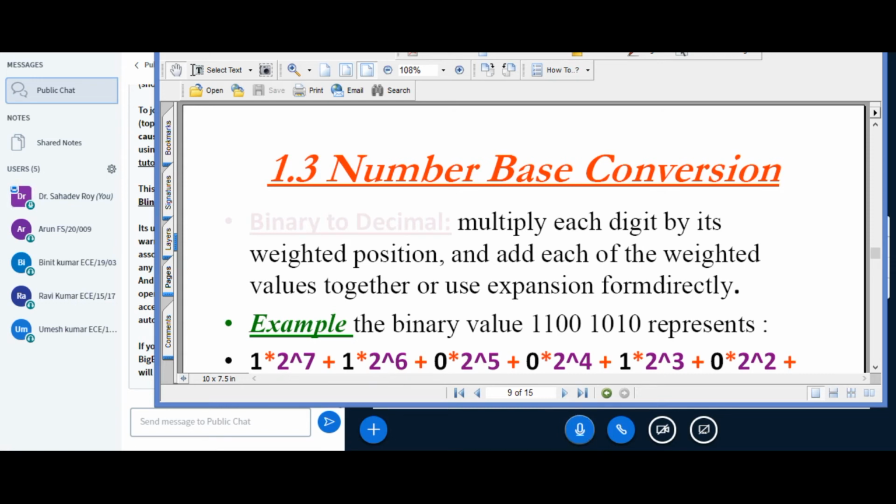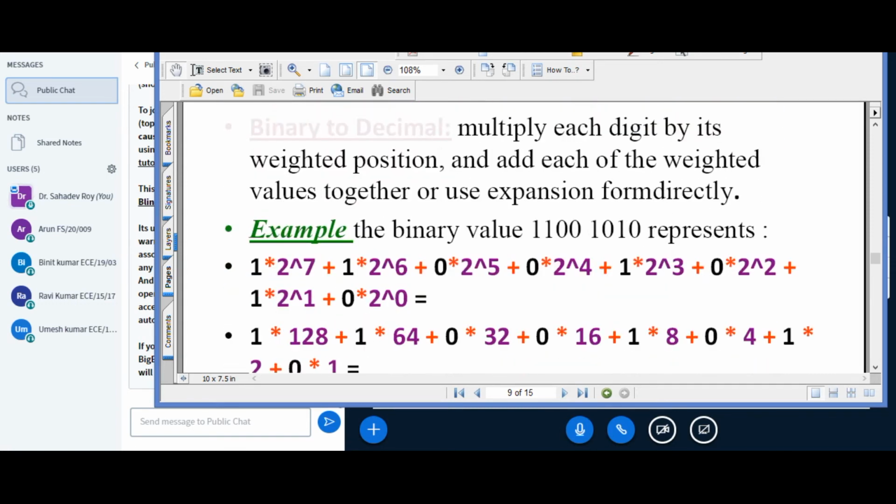Clear? Multiply each digit by its weighted position and add each of the weighted values together, or use the expansion formula. Look at the binary number 1 1 0 0 1 0 1 0. What is the position value of the last digit? Look at the point: to the right of the point no digits are present, only the left side.